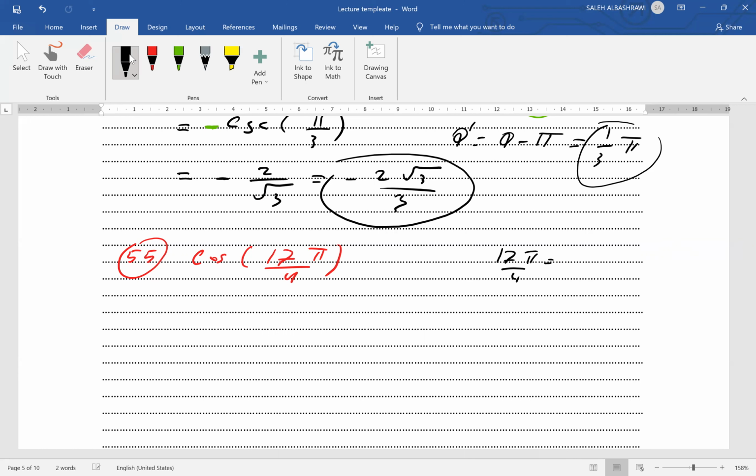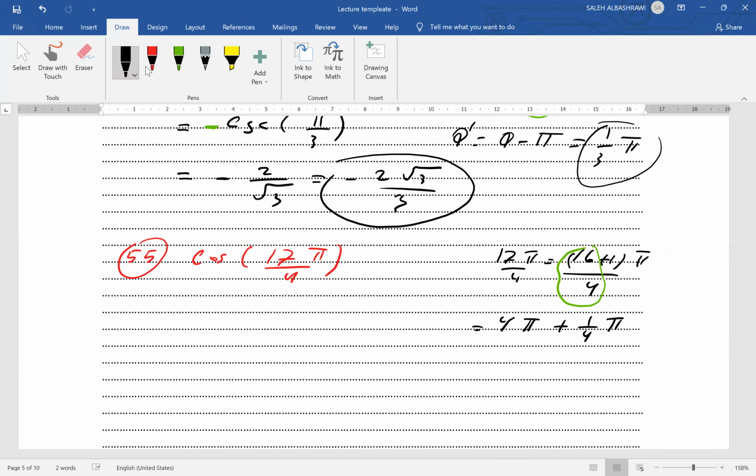If we divide 17 by 4, it is 16 plus 1. I can say this is 16 plus 1, pi over 4. And 16 divided by 4 is equal to 4, so this is 4 pi. So I can write it as 4 pi plus 1 over 4 pi.